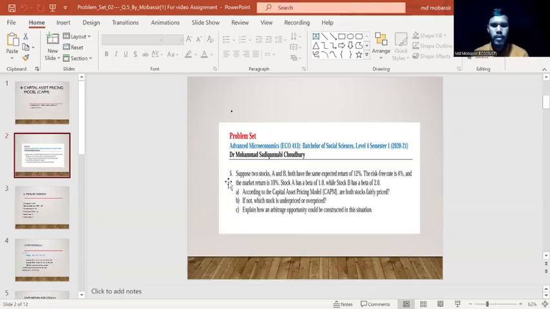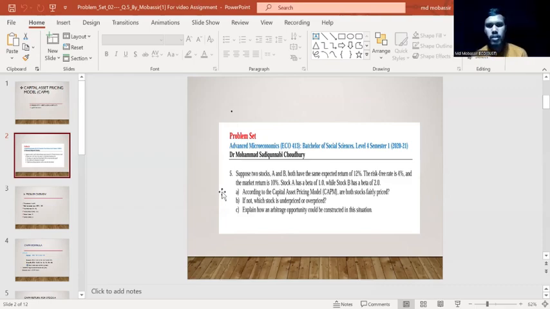You can see that the given information is: suppose two stocks A and B both have the same expected return of 12%. The risk-free rate of return is 4% and the market return is 10%. And stock A has a beta of 1.0 while stock B has a beta of 2.0.